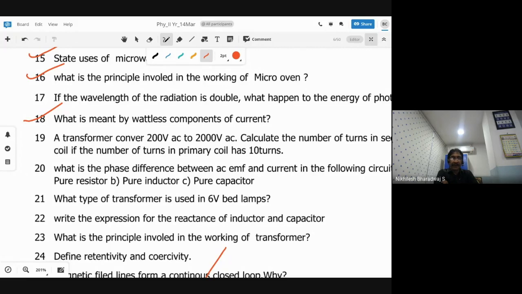You have to write in the last, wattless component of current is equal to IRMS into sine phi. Even if you write IRMS into sine phi, you'll get the marks. Because phi is 90, sine 90 is 1. So you'll get IRMS. Got the point?